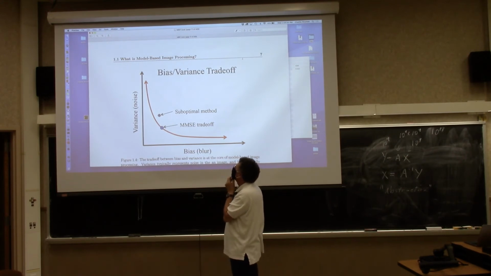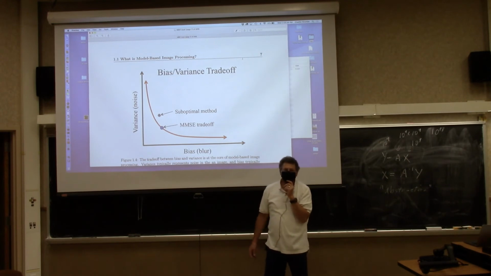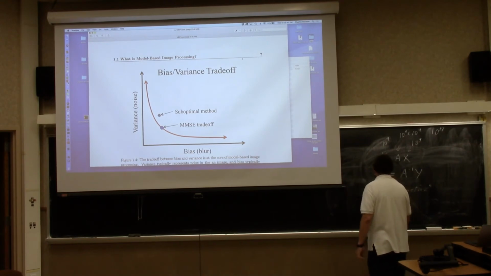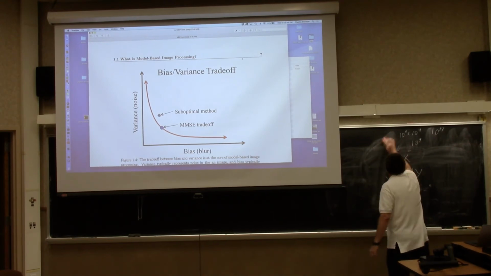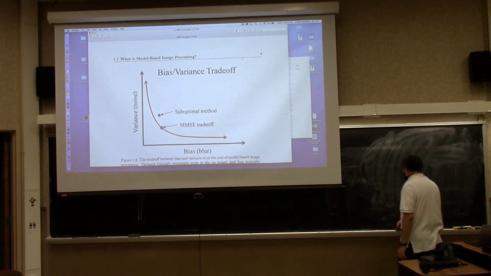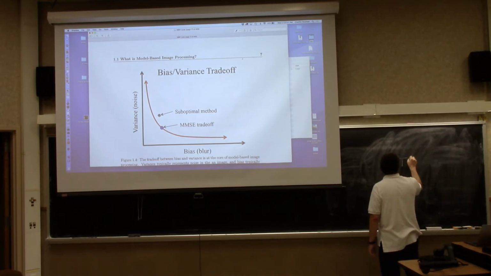So, bias. The idea is that you make a measurement, you have some kind of system, and you measure something, y, and then you have an estimator, t. So you have t of y equals x hat.